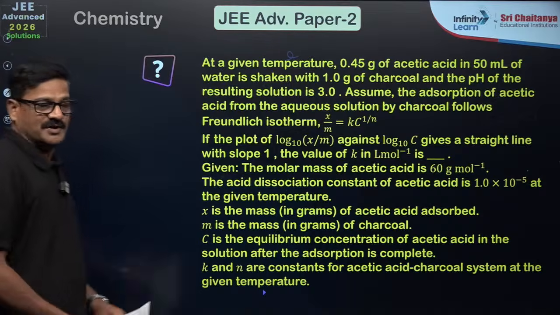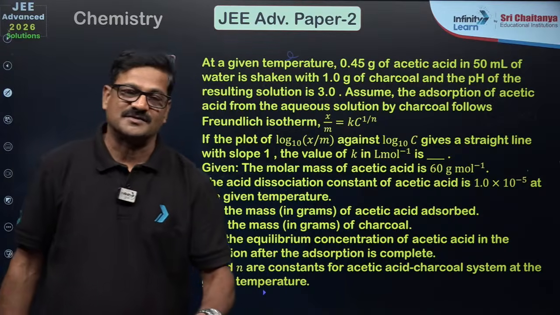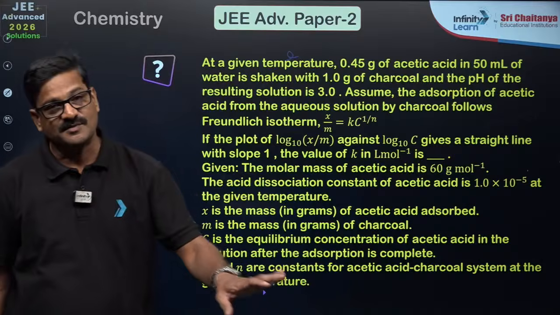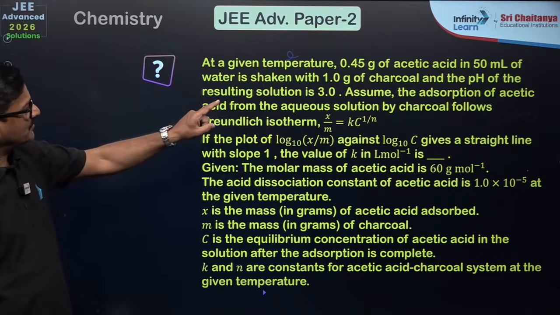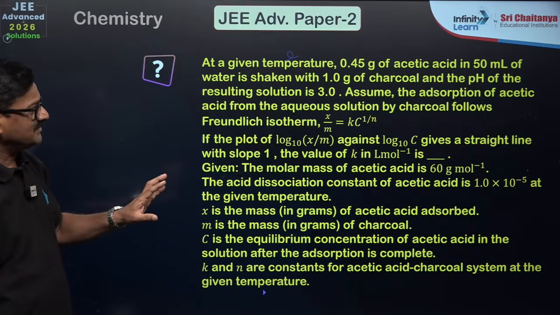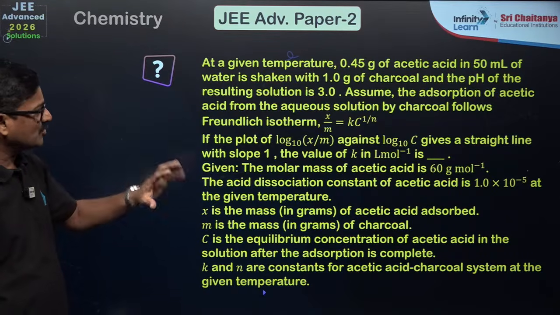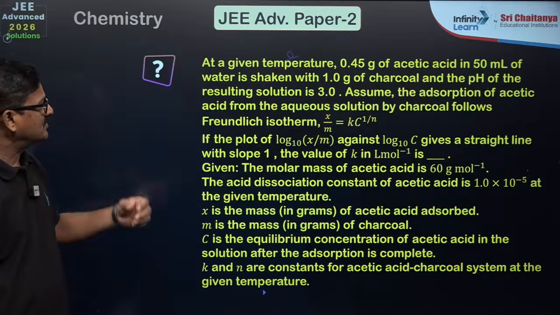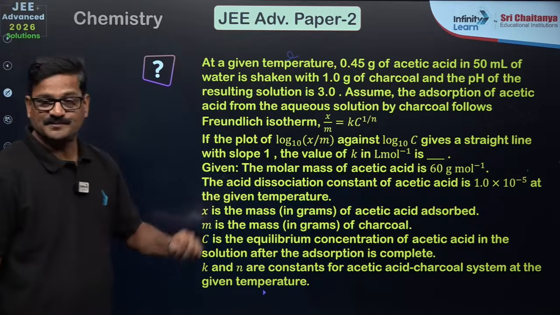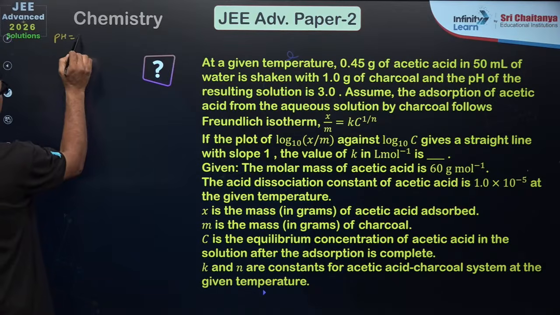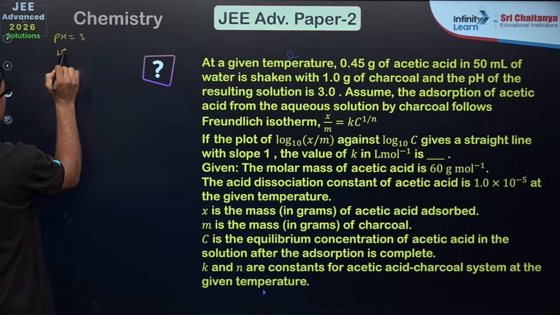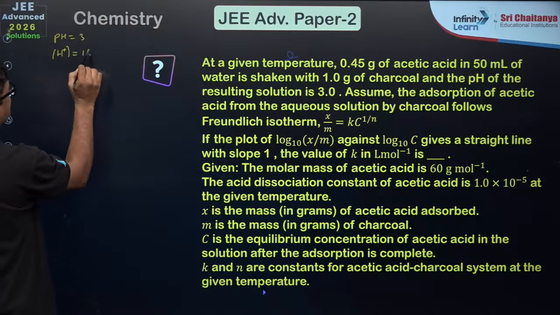At a given temperature, it is based on surface chemistry. Actually, it is from the deleted syllabus, but it is there in the Advanced. So at a given temperature, 0.45 gram of acetic acid in 50 milliliters of water is shaken with 1 gram of charcoal, and the pH of the resultant solution is 3. When the pH is equal to 3, the H plus ion concentration is going to be 10 raised to negative 3.